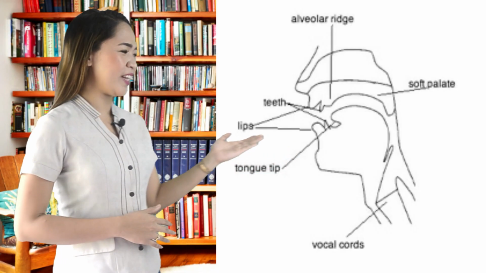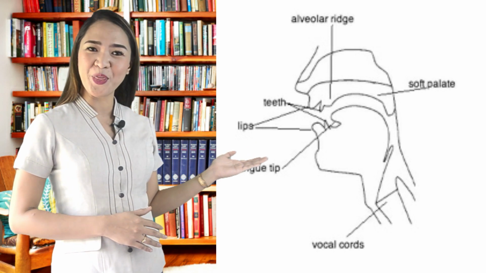For example, b and p are said to be made at the lips because you have the upper and lower lip together in order to make the sound. I have with me basic articulators inside our mouth.